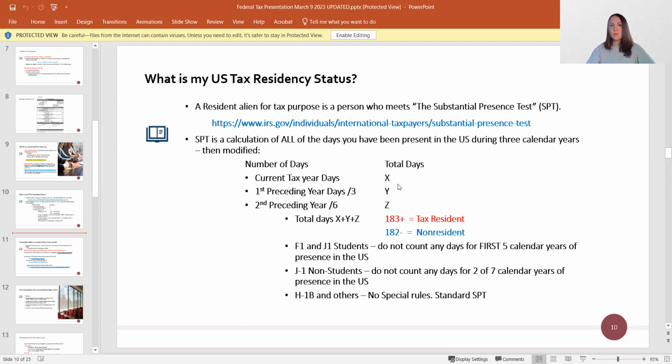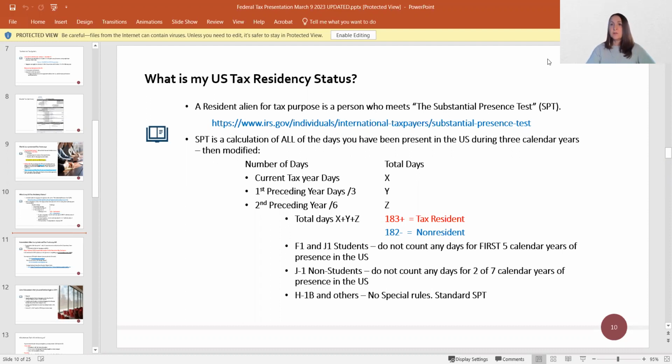We combine all your days and calculate the total days in the US. If you have more than 183 days, you are a tax resident and you deal with the US tax system for residents. If you have less than 183 days, you're a non-resident and you're working with Glacier.